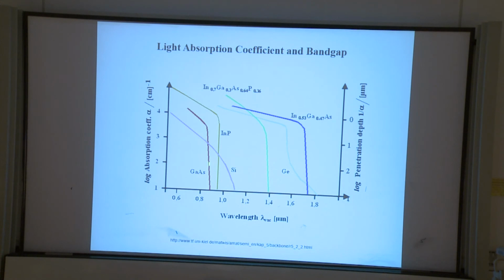So let's compare these two. I will ask you a question. Now this is a test. There are two compound semiconductors: one is gallium arsenide, one is indium phosphide. Which one has a larger band gap?